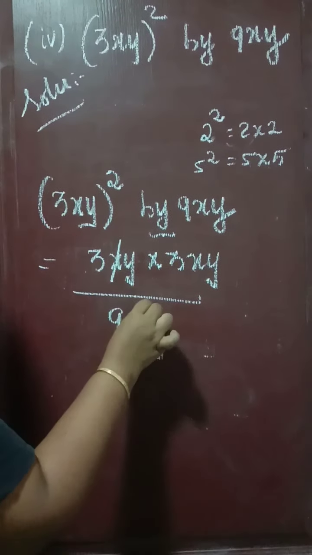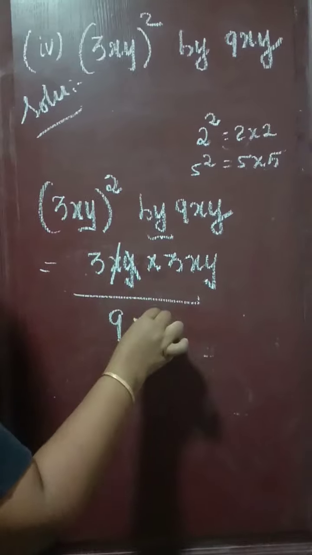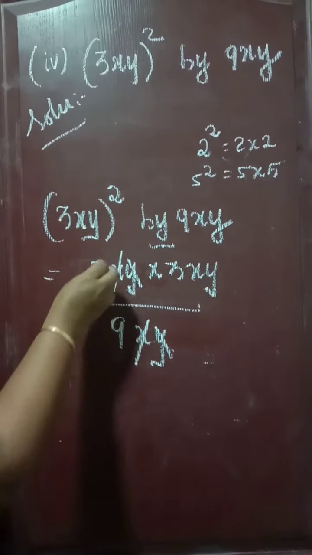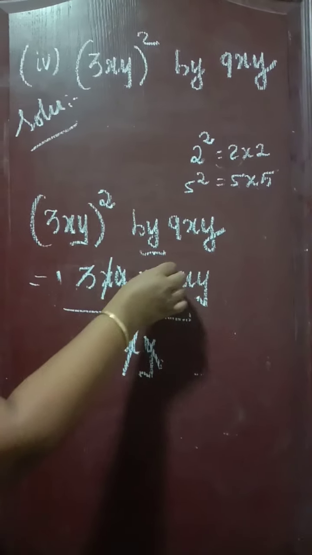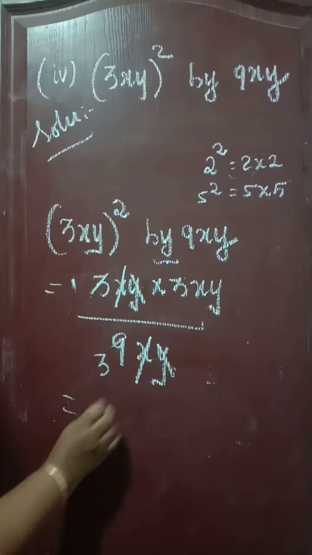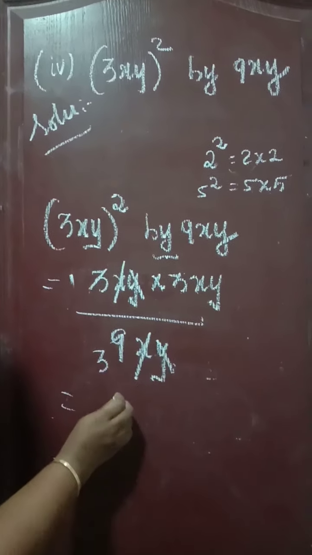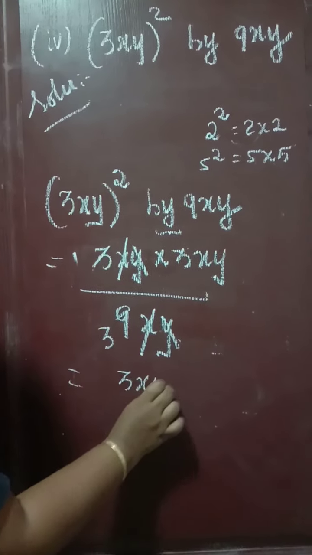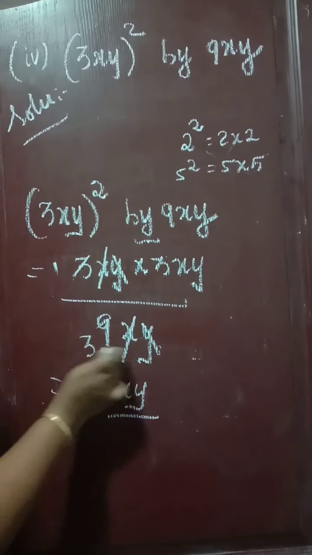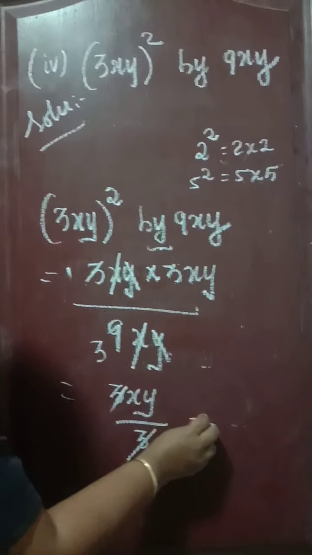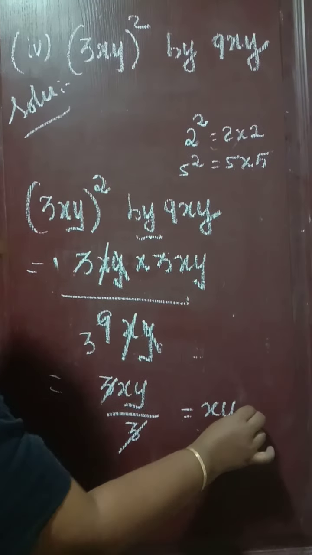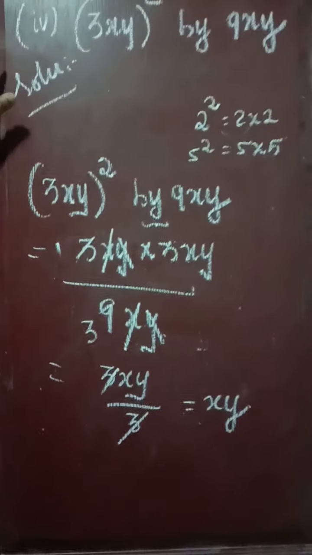So here x cancel, here y cancel. So 3 1s are 3, 3 3s are 9. This 3 and this 3 is cancelled. Listen, here 3xy, remaining term is 3xy. Here remaining term is 3. So this 3 and this 3 is cancelled. So what is the answer? xy is the answer of the sum.